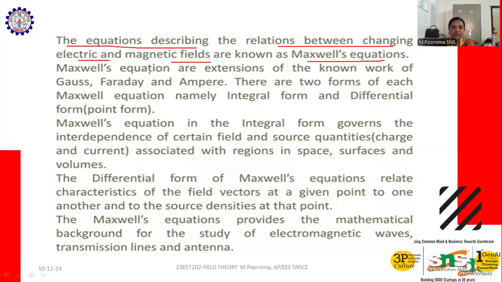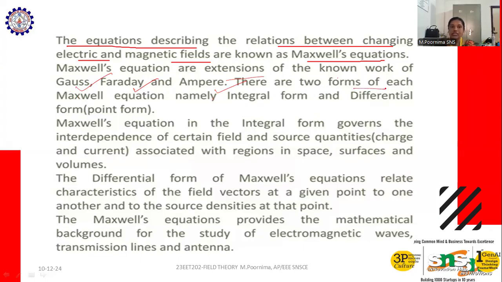The Maxwell equations are extensions of the known work of Gauss law, Faraday's law, and Ampere's law.